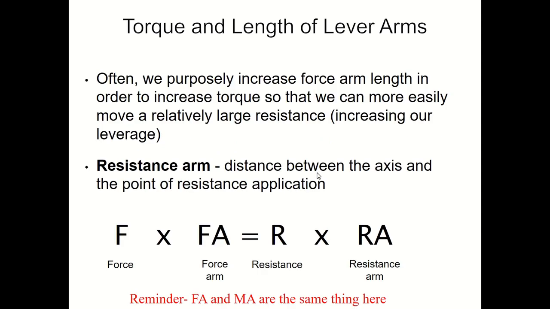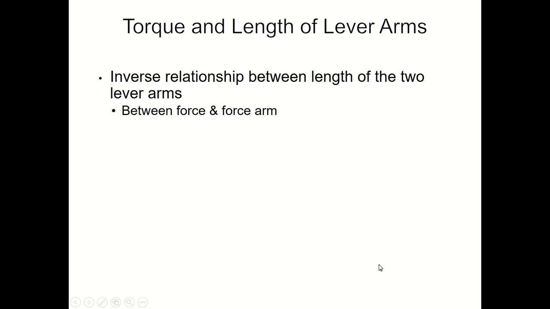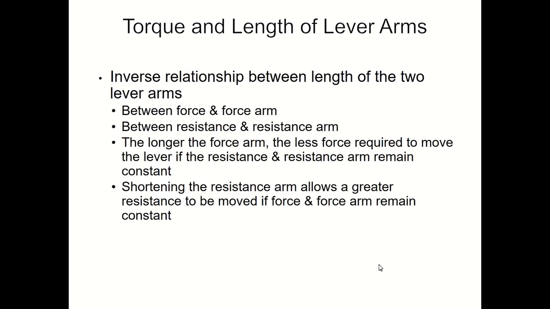To understand that, think about this equation, okay? Force times mass arm is equal to resistance times resistance arm. So, for example, if you know that you can get a longer force arm, and the resistance and the resistance arm remain constant, they don't change their value, and why would they?